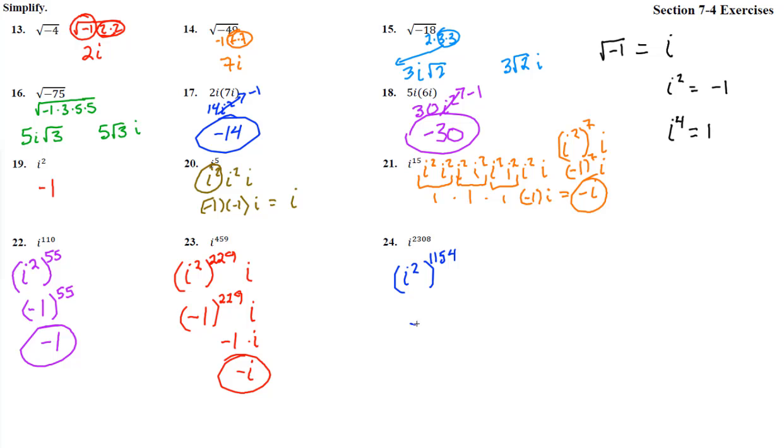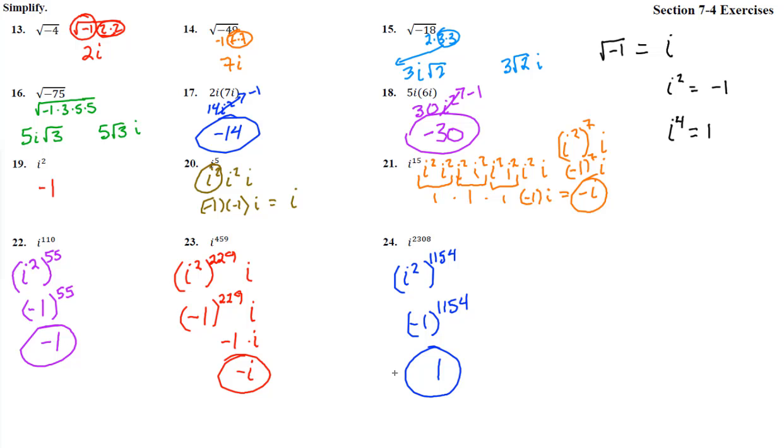So this is negative 1 to the 1154th power. And all we have to do is know whether it's an even power or an odd power. Because if it's even, then negative 1 times negative 1 is a positive 1, and so on. It turns out to be a positive 1 because you have an even number of negatives.